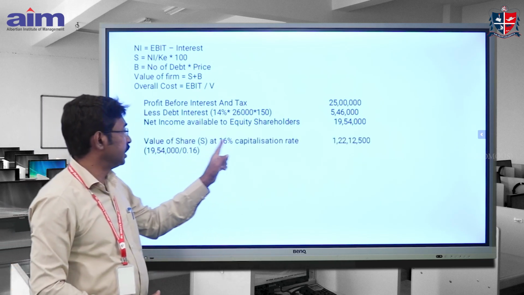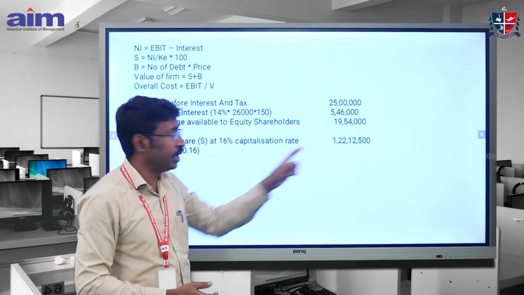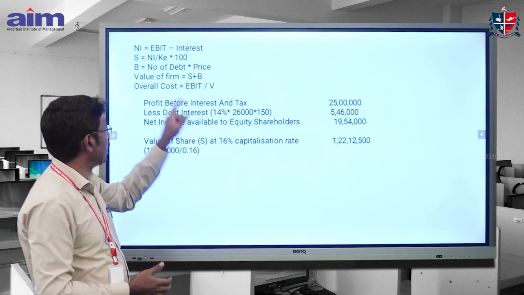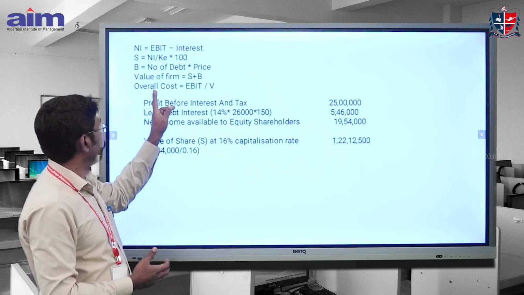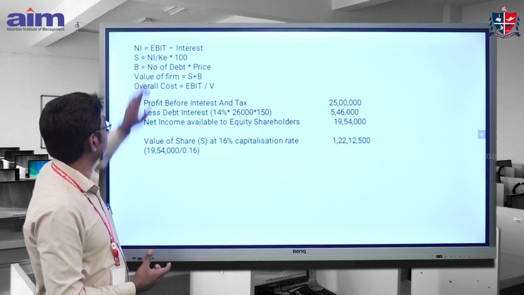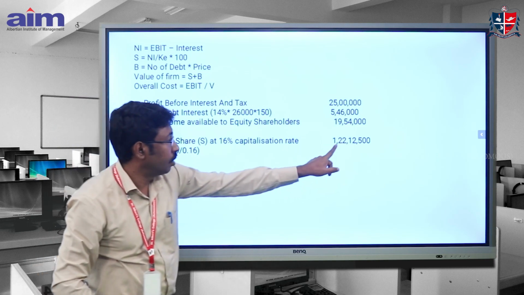So value of shares at 16% capitalization rate. That means from this value, we can easily derive value of equity. How? The net income available to equity shareholders divided by KE. By using this same formula, you will get value of equity.